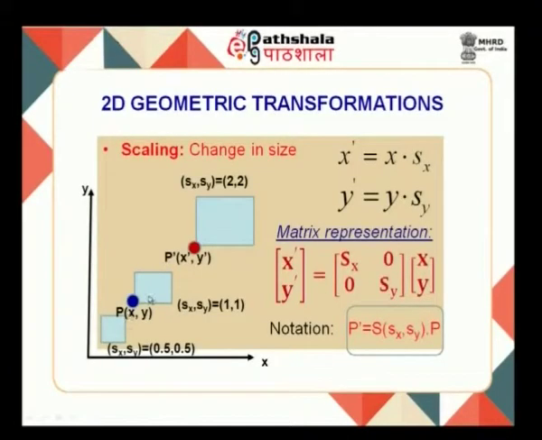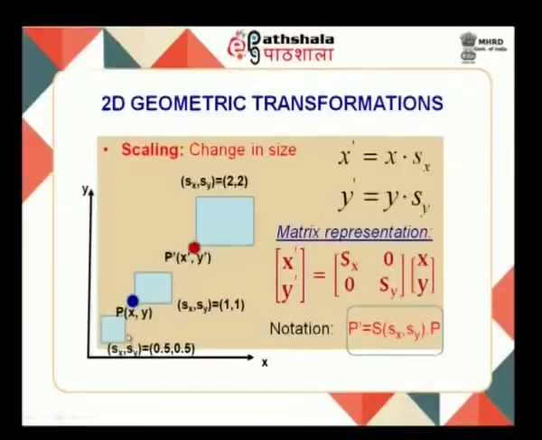As you see here, this is the initial rectangle. When it is scaled up, the new, scaled rectangle has gone to this position. It has become bigger in size and has also moved to a new position. That is what you should observe.